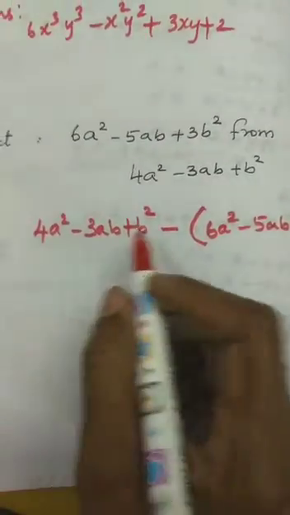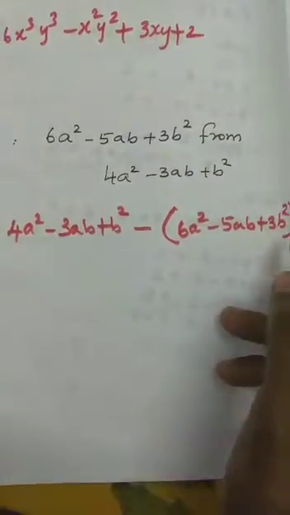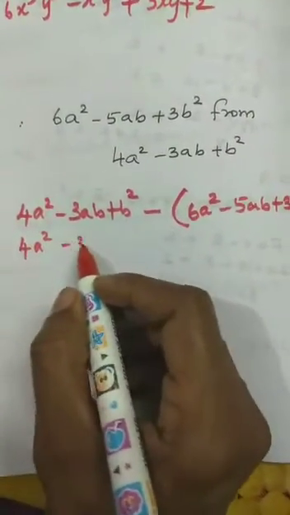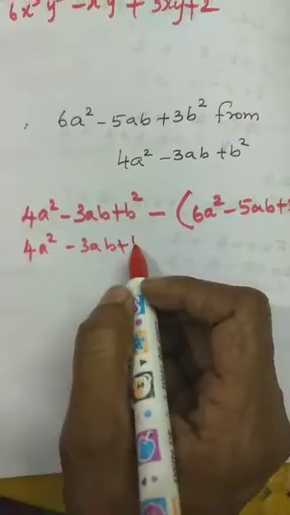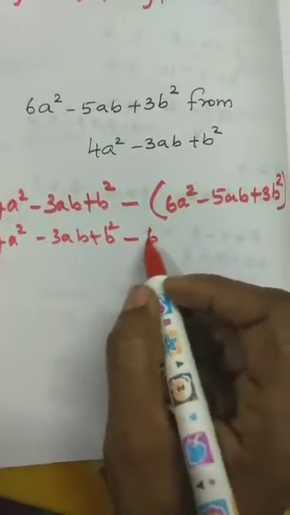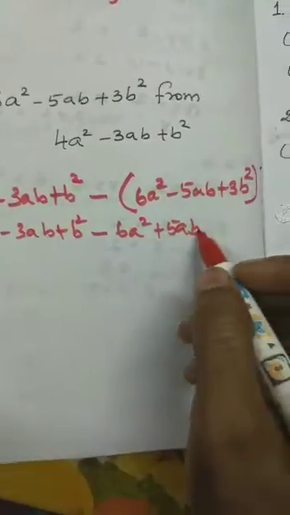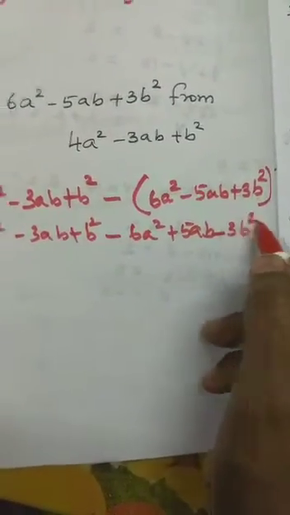Now you apply the minus to each term and remove the bracket. 4a square minus 3ab plus b square minus 6a square plus 5ab minus 3b square.